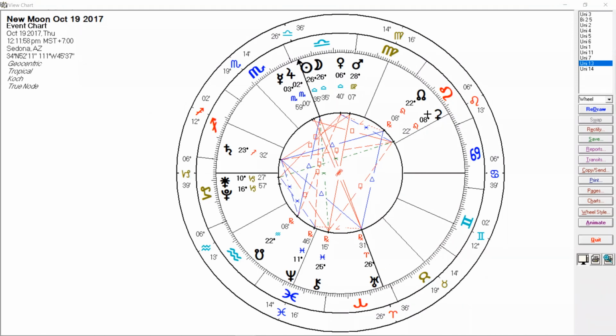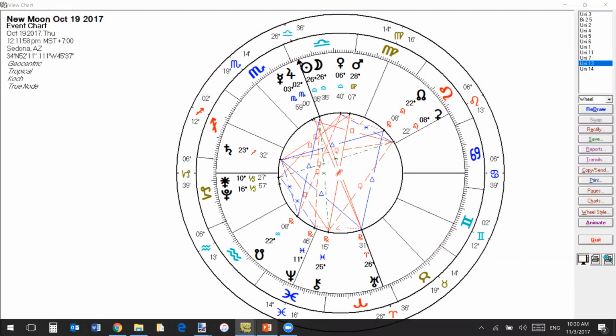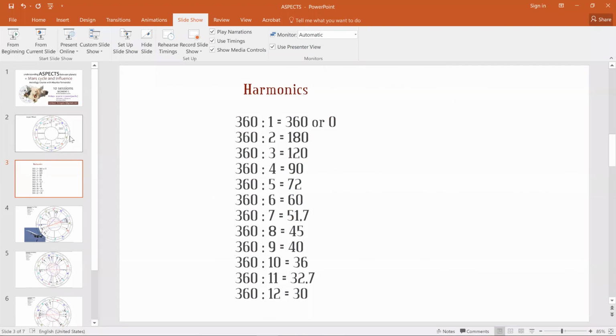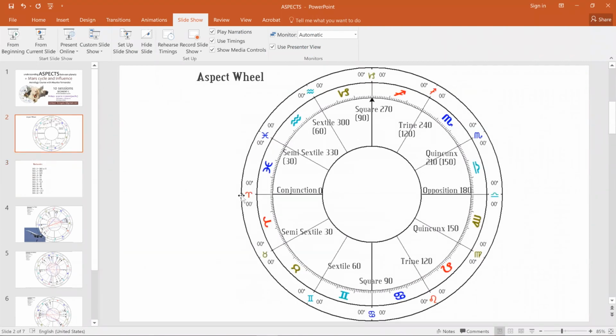And as we understand what this pair is about, we can start to track their relationship from conjunction to conjunction, going back to the conjunction, the semi-sextile, sextile, square, trine, and so on. We are now at the opposition, and from the opposition point, we're going to close the cycle back to the next conjunction.